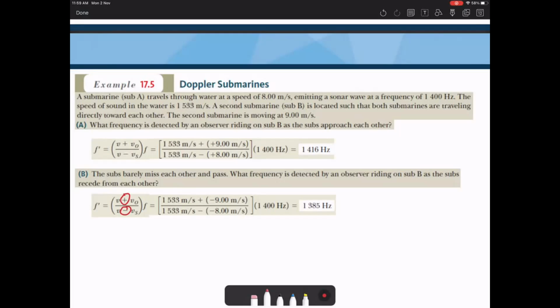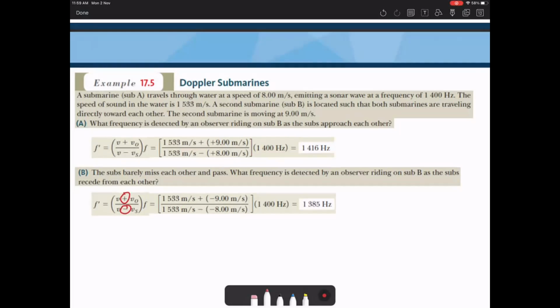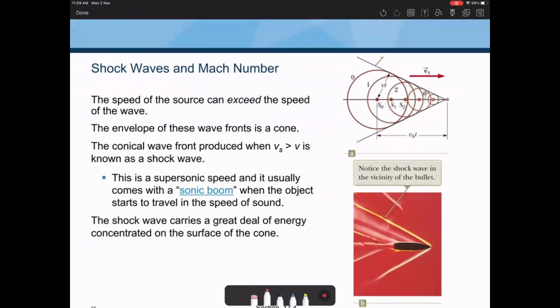So this is just a simple demonstration of the effect. Now, in your lecture notes, we have one small slide that discusses a situation we have not covered in the equation.